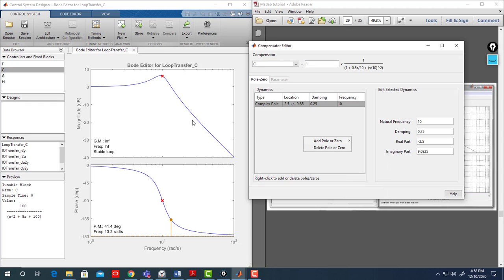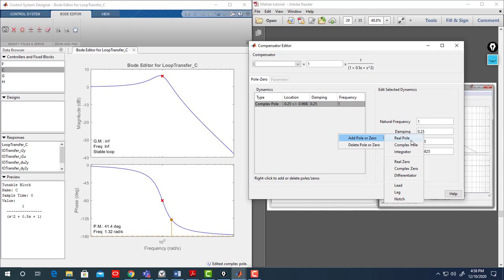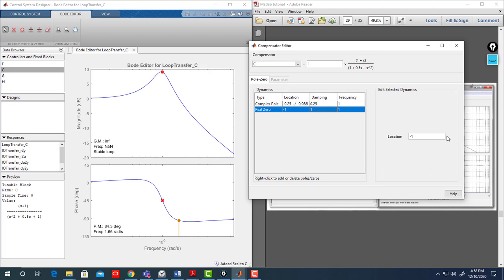You could do it this way, or as they are doing in the tutorial. First, let me make this at 1, and add 0. I will do it this way: real 0 at 10. So what will happen now if I add 0 at 10?